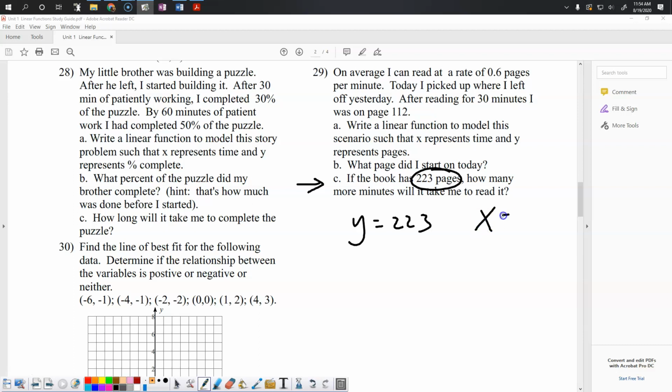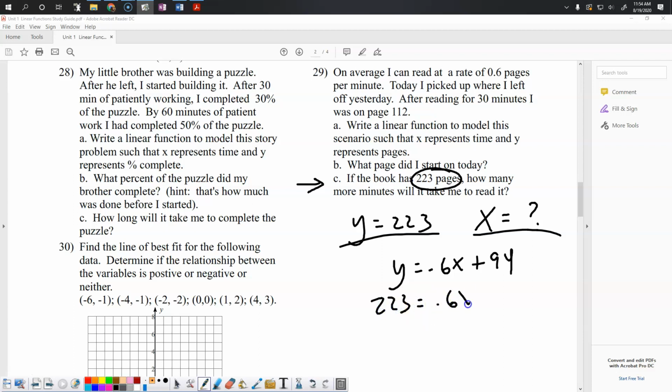In other words, they want to know how long it's going to take for me to get to page 223. So what's x? I want to get to page 223. How long will that take? So I'm going to take my formula, I'm going to plug 223 in for the y, and then I'm going to solve it.